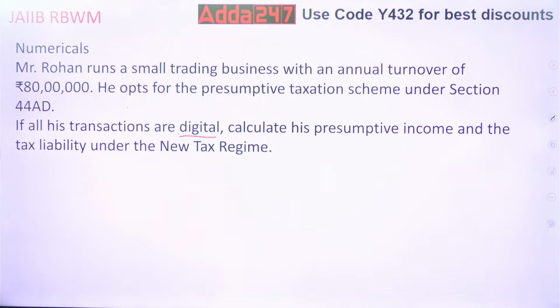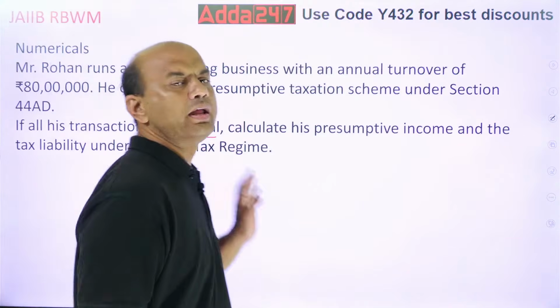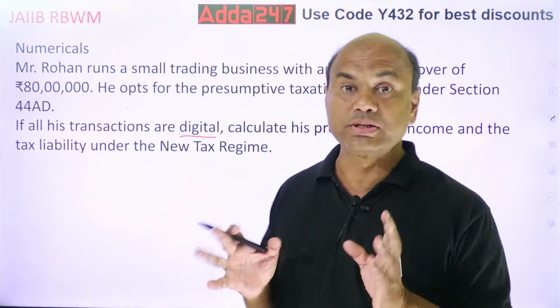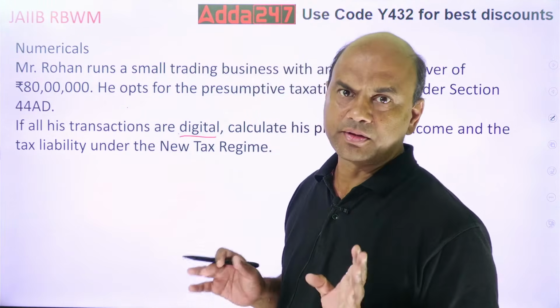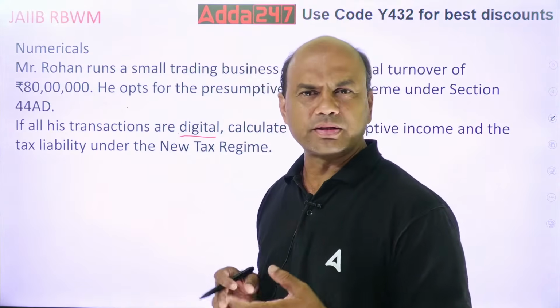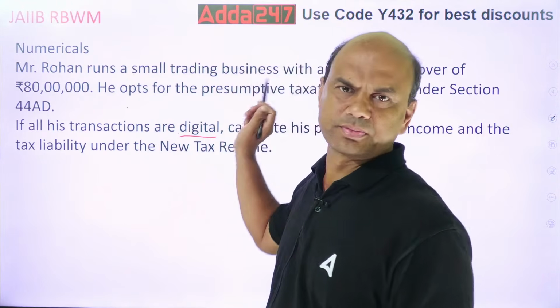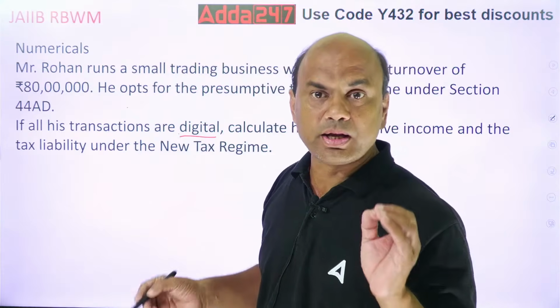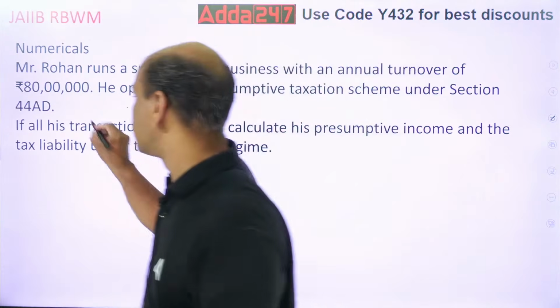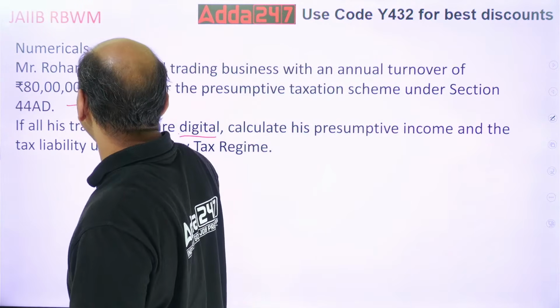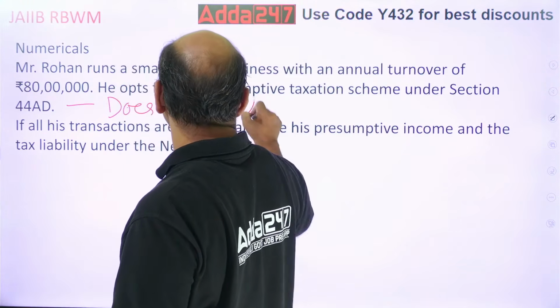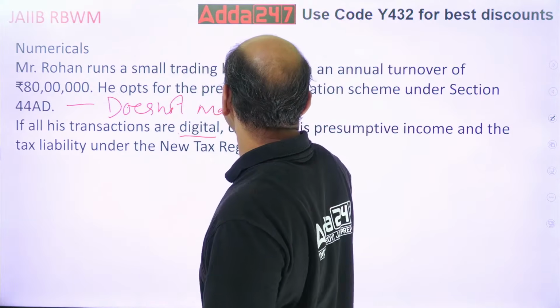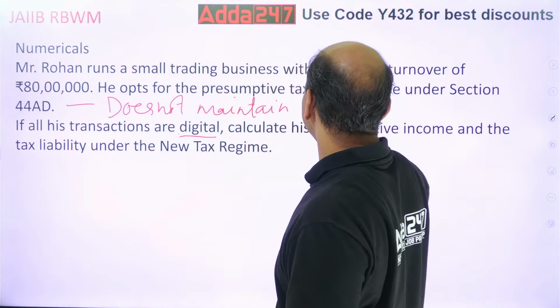In the morning, I told you about 44 AD. See, 44 AD is a new tax provision. What does it say? It says that if there is any businessman, small shopkeeper, any businessman who does not maintain the books, pay attention, does not maintain books, okay?